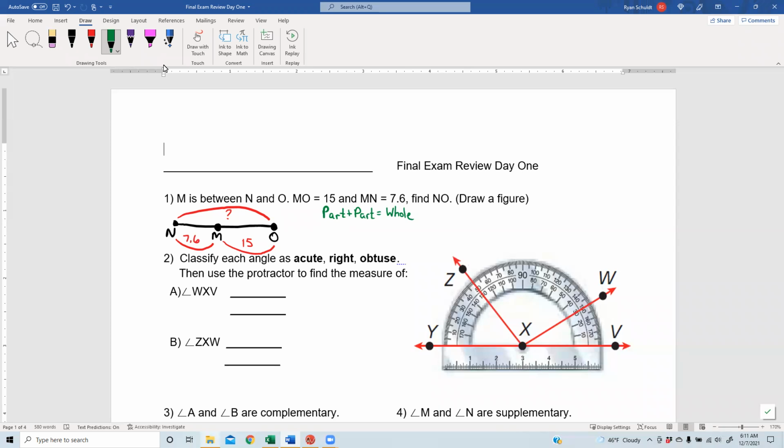So to get the whole thing, which is what I want to find, I can just add those. 15 plus 7.6 gets me 22.6. So NO is equal to 22.6.